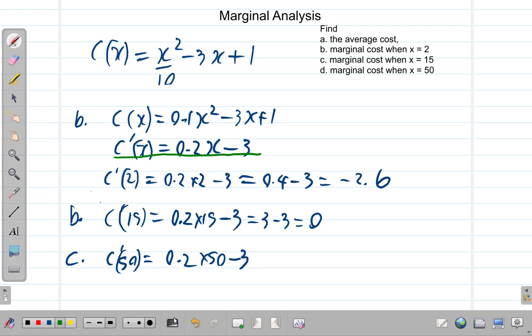So what we are doing here is finding C prime of 50, which is 0.2 by 50, which is going to be 10. 10 minus 3 is equal to 7. Alright, so these are the values that we get when we differentiate to find the derivative, and that therefore gives the marginal cost.